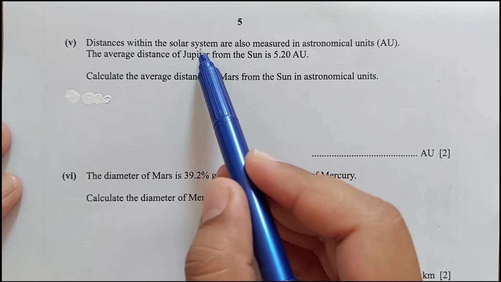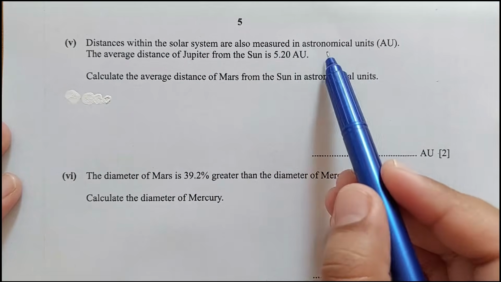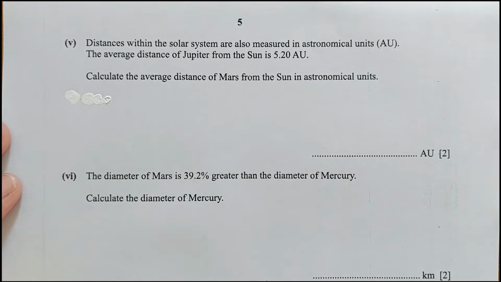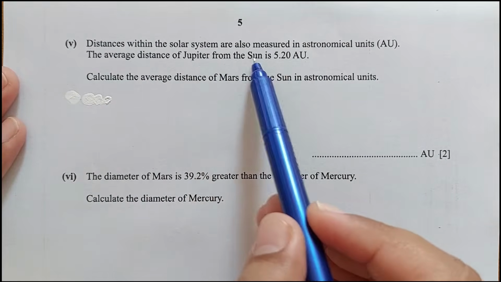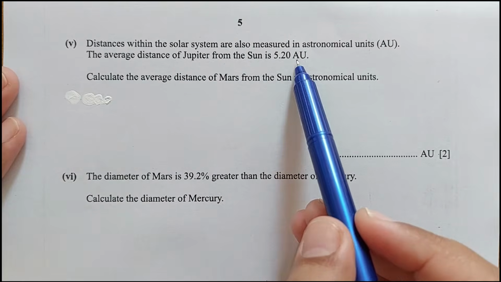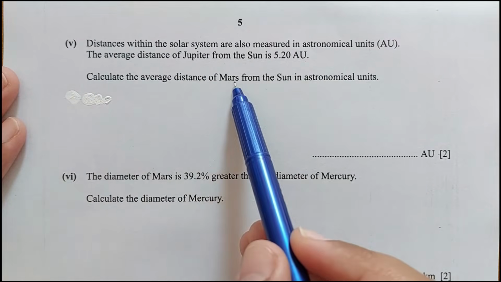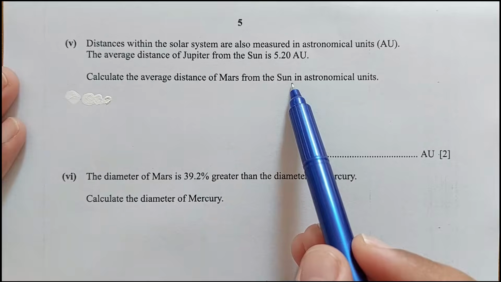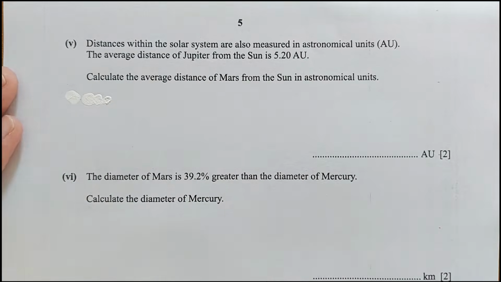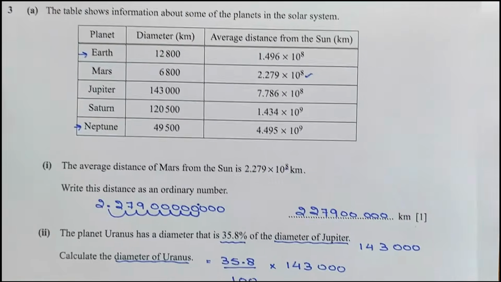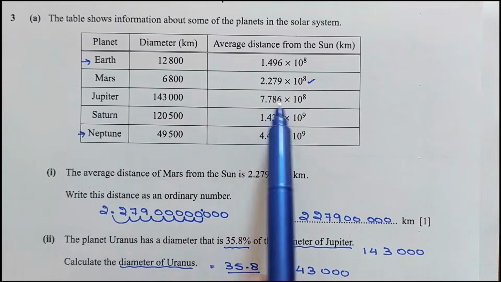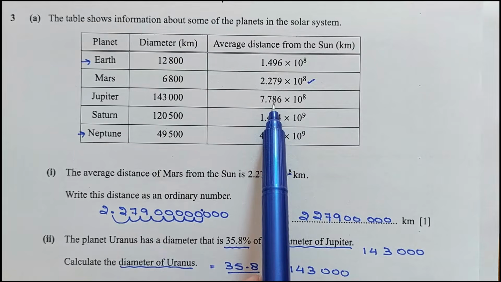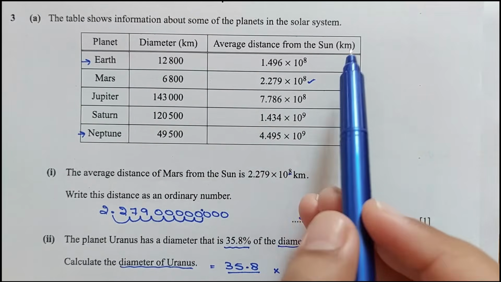Now for part 5, distances within the solar system are also measured in astronomical units, AU. The average distance of Jupiter from the Sun is 5.20 AU. Calculate the average distance of Mars from the Sun in astronomical units. So we have given the average distance of Jupiter from the Sun, which is 7.786 times 10 to the power 8 kilometer.